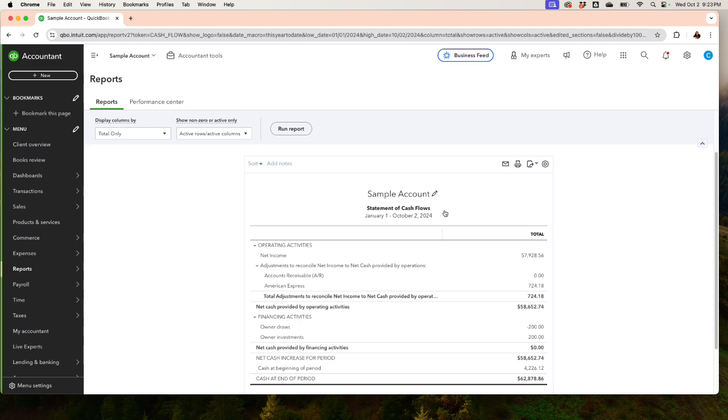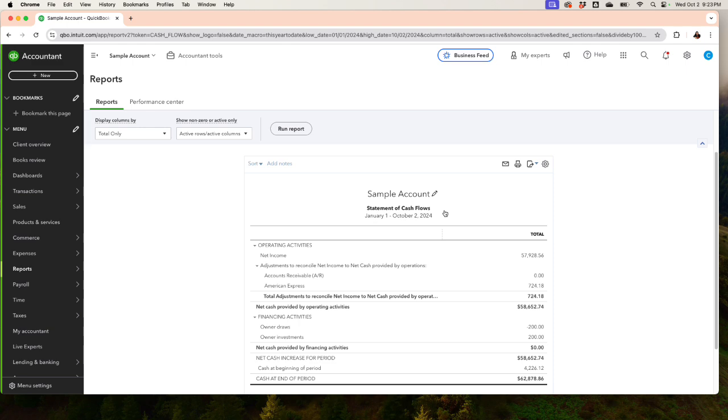One thing that is very important to notice is that this is not the same thing as your income. It's not your profit and loss. This is not going to measure your revenue for the year. This is only going to measure the route of your cash.